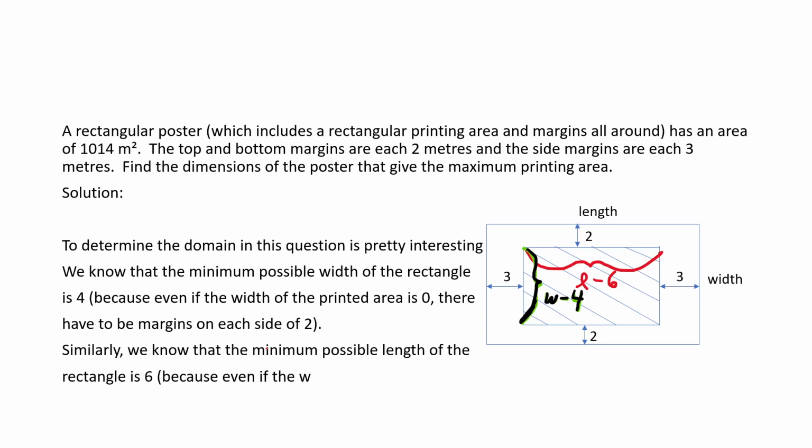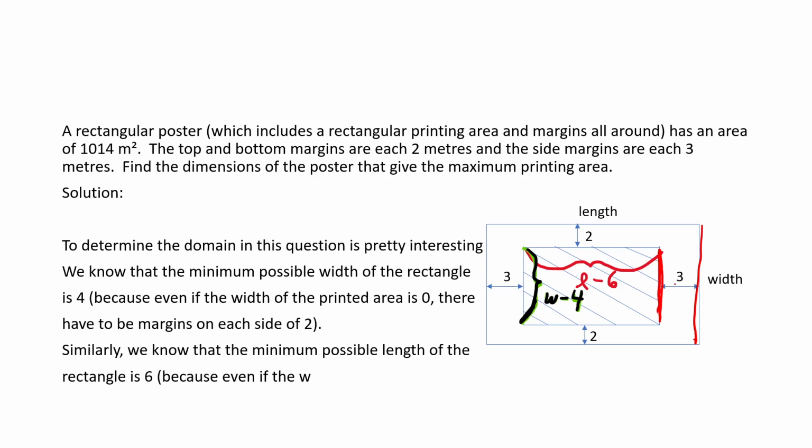Now, determining the domain in this question is actually rather interesting. We know the minimum possible width of the rectangle is 4. The reason is that the width of this smaller interior vertical line could theoretically be 0, or as close to 0 as we could imagine.